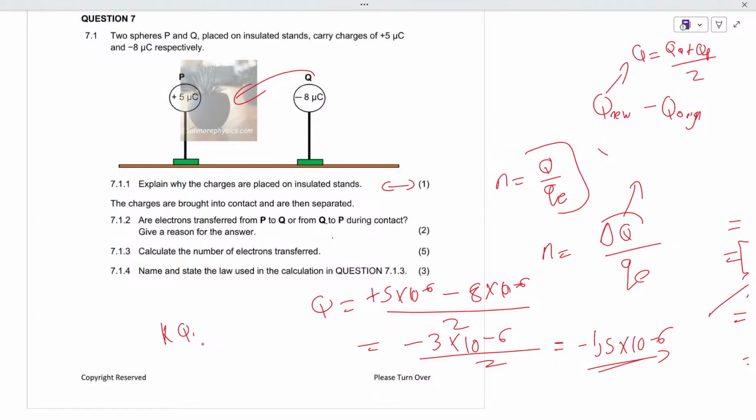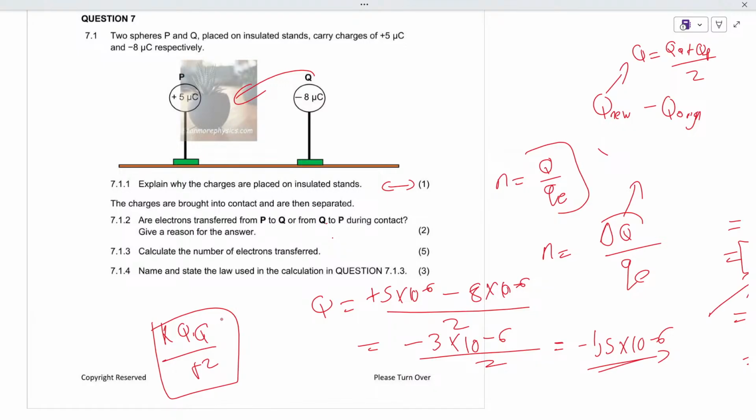Coulomb's law is F equals k Q1 Q2 over r squared. We never used that one. Ohm's law is in electric circuits, so it's not that one.